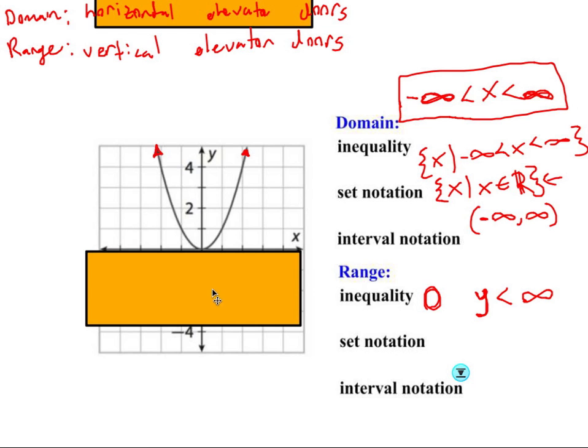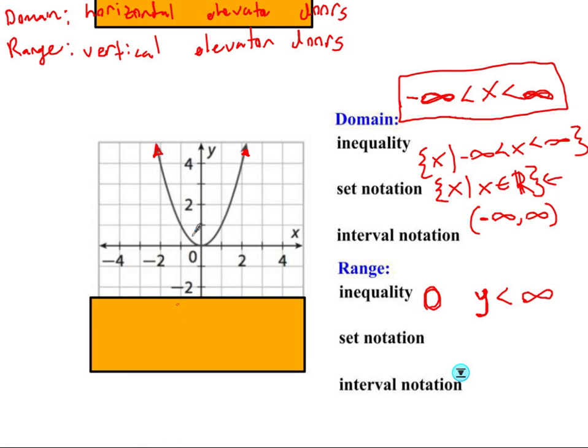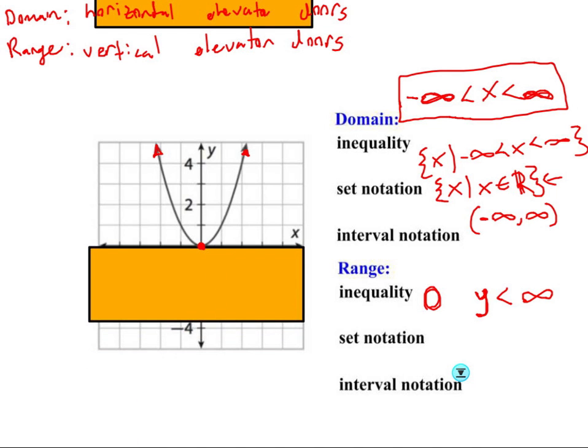But notice the graph is touching y equals 0. You can't see it because this is basically a solid line, but really there is a solid point right at y equals 0 because the graph goes through that point.